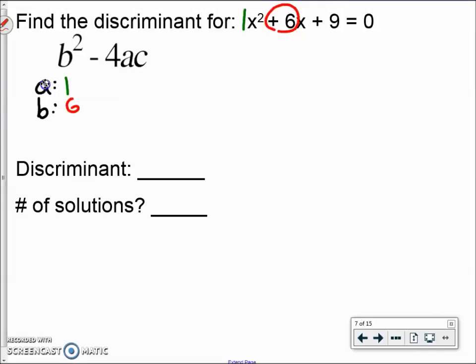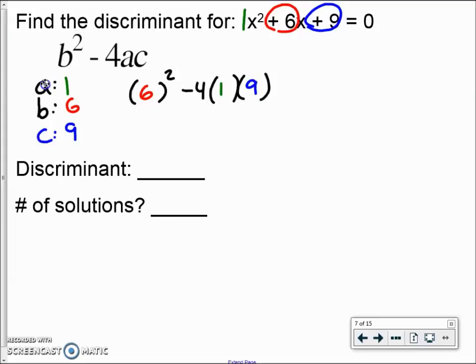And finally, our c value, which is 9. Now we can plug this into the discriminant. Just writing it out, I'm going to put parentheses around every number I substitute in for every variable. So 6 I will put in parentheses for b. And then I'll subtract 4 times a times c, which in this case is 1 and 9 respectively.